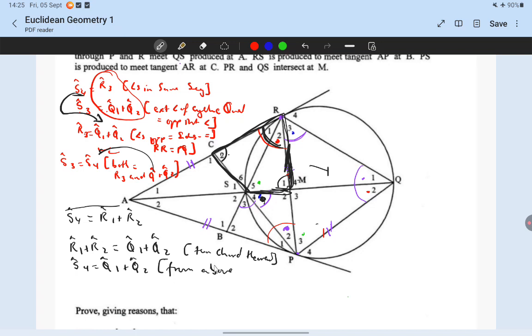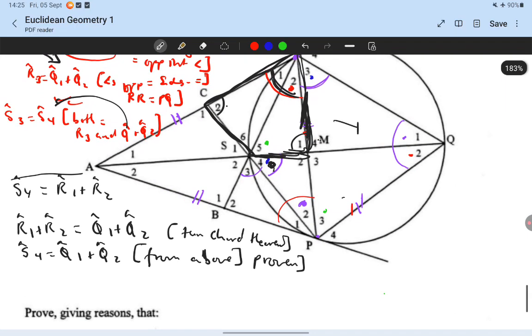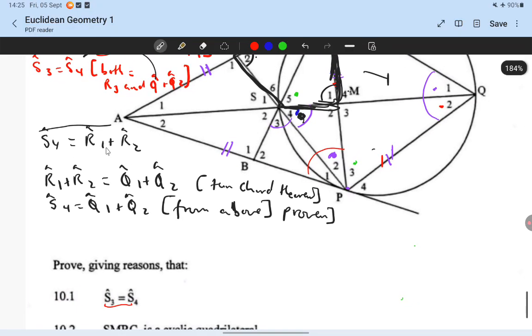Yes, it is a reason. Or you can say that it is already proven. You don't have to prove things many times. Once you prove it once, you can use it over and over again as long as it is the same question. So we can say that, therefore, our S4 is equal to our R1 plus R2, and the reason being both equal to Q1 plus Q2.